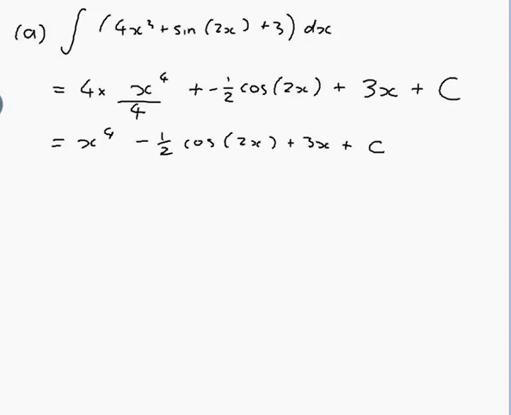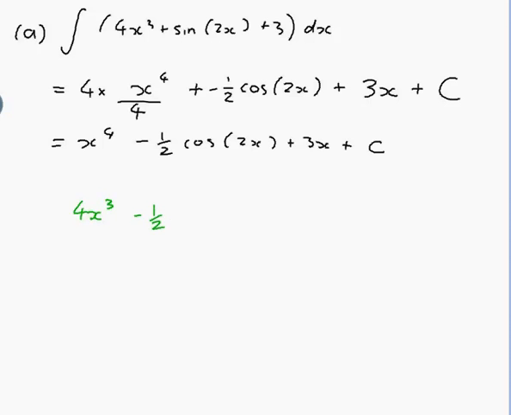Now we can just check, just in case, by differentiating to see if this actually works. So when we differentiate x to the 4, we times by the current power and then make the power 1 smaller.